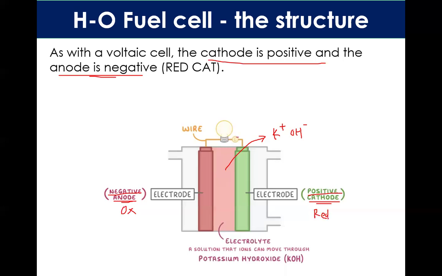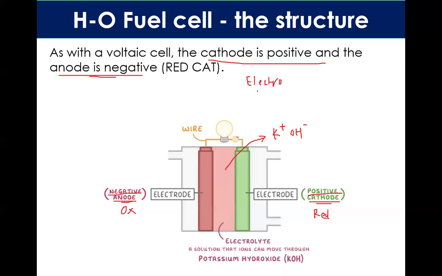Okay. So now that we know the basic structure of a voltaic cell, we need a fuel, right? We need the fuel that has to be electrolyzed to generate energy. So electrolysis is basically composed of two words.